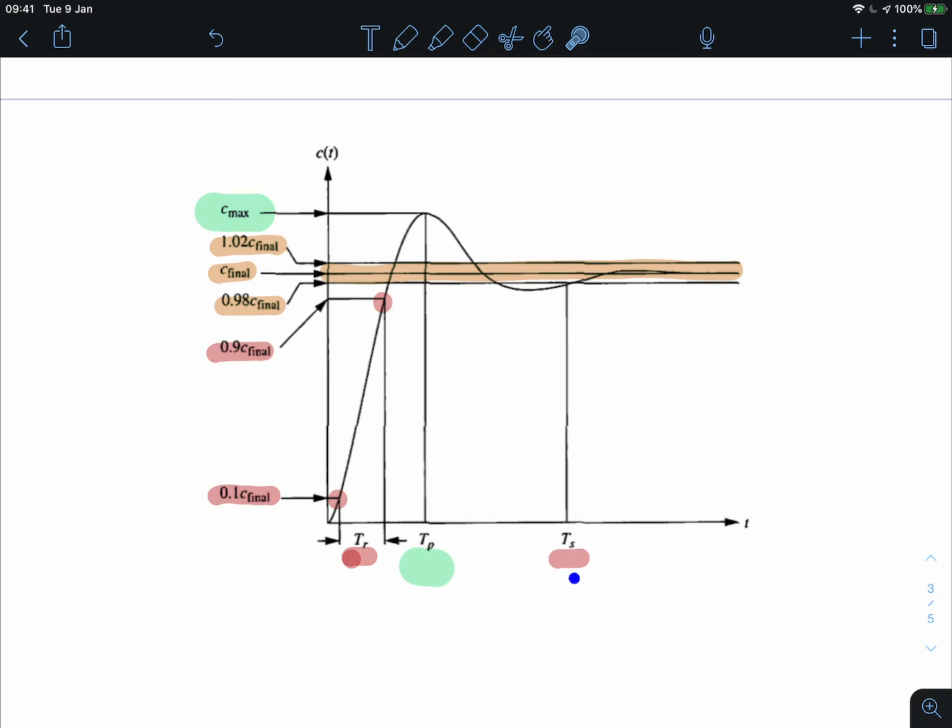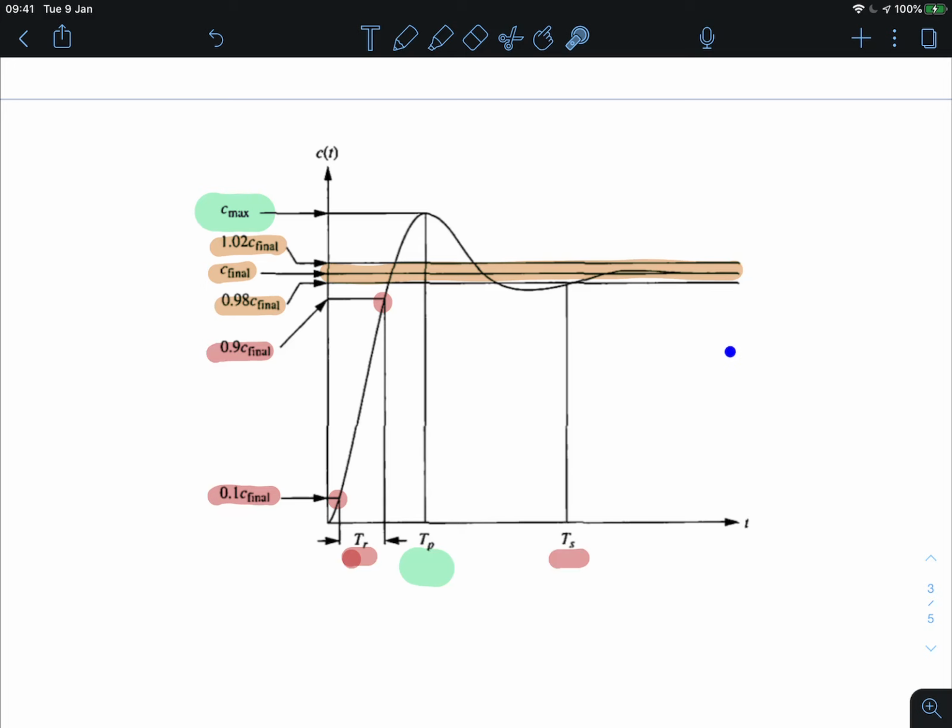Ts is the settling time, the time after which the response settles down in this band. The band we have defined is plus minus 2% of the C final, and C final is nothing but the steady state value. So these are the overall specifications that we can extract from the response of a second order system.